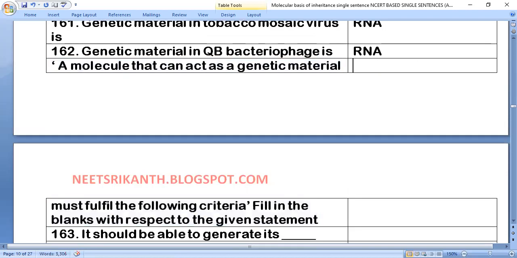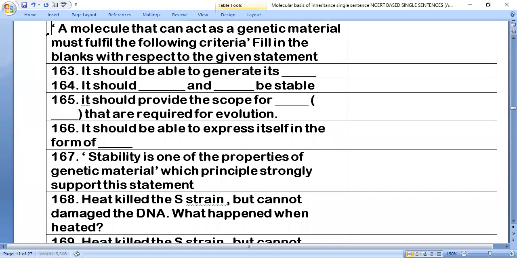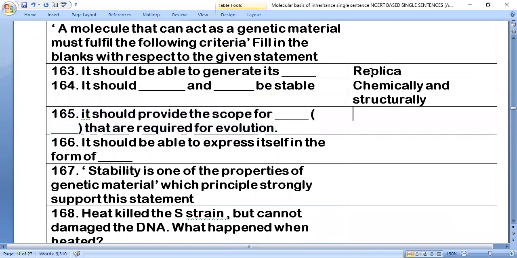A molecule that can act as a genetic material must fulfill the following criteria. It should be able to generate its replica. It should be stable chemically and structurally. It should be able to express itself in the form of Mendelian characters.